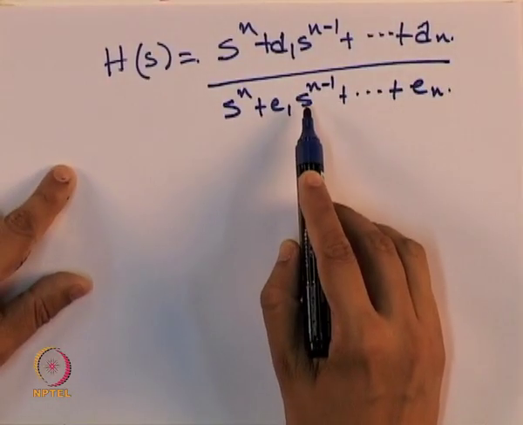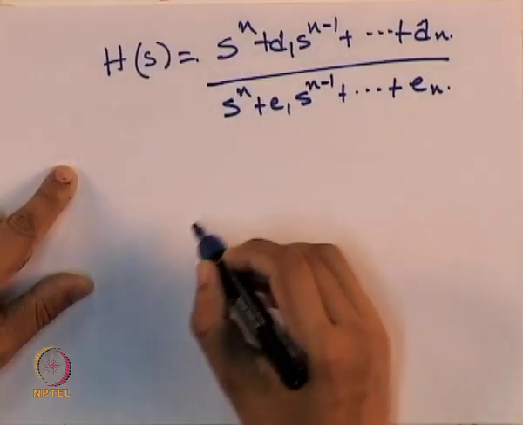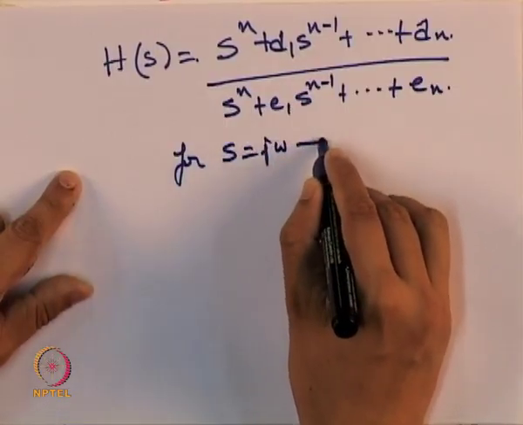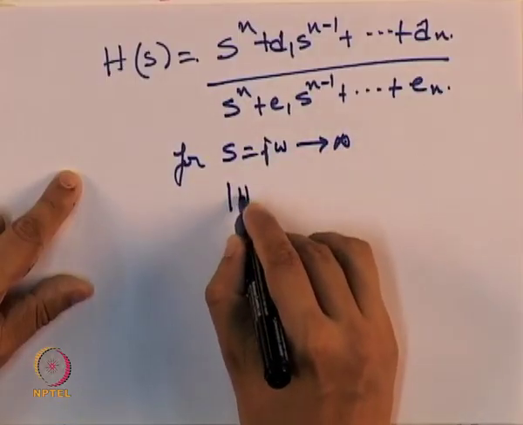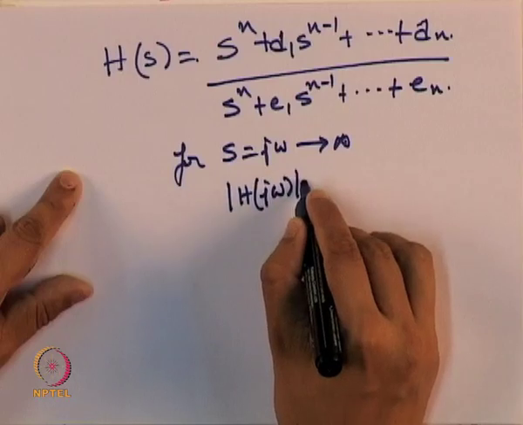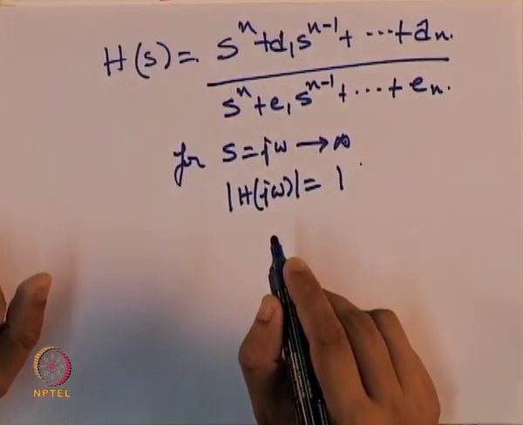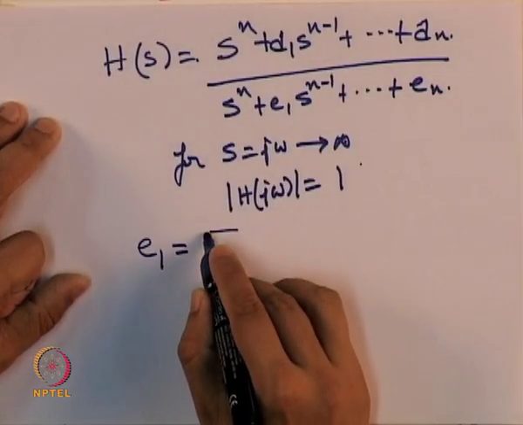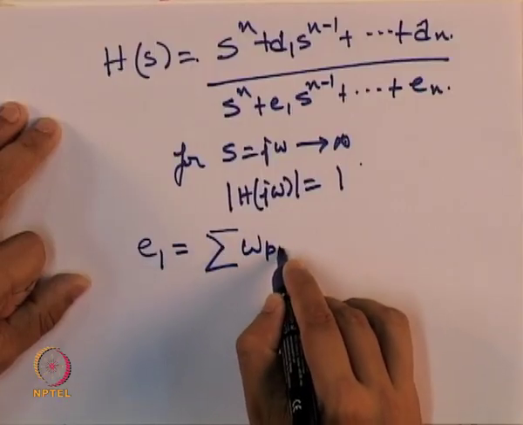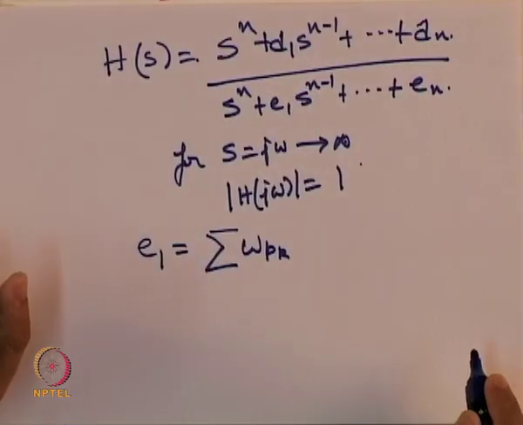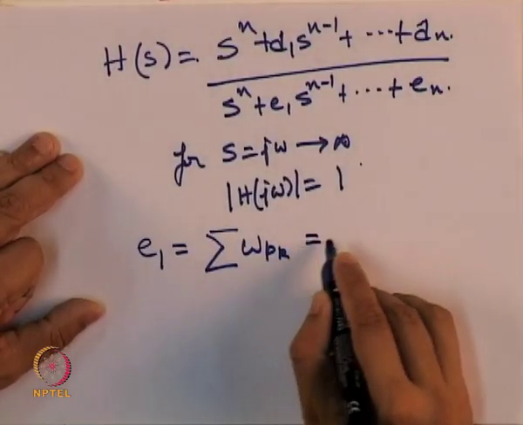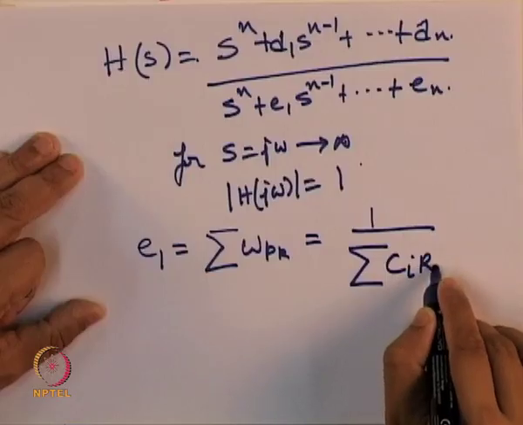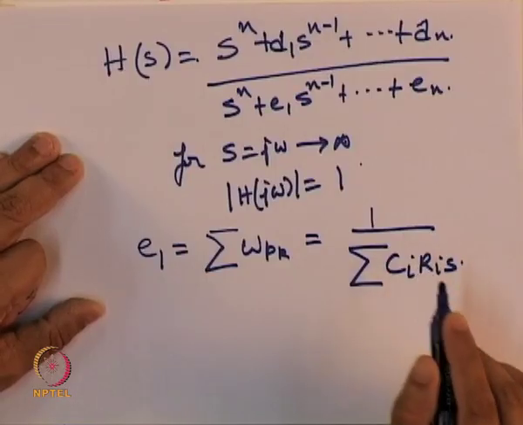Now, you can see that this is the low frequency response, because for s equal to j omega tending to infinity, this magnitude is equal to 1. Now, we can write this E1 is equal to the summation of all the poles, and this E1 is also given by this formula.